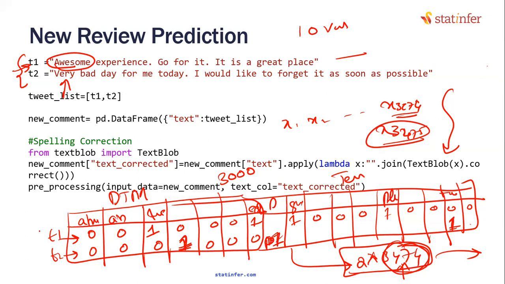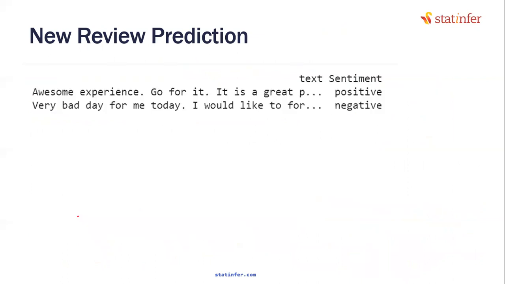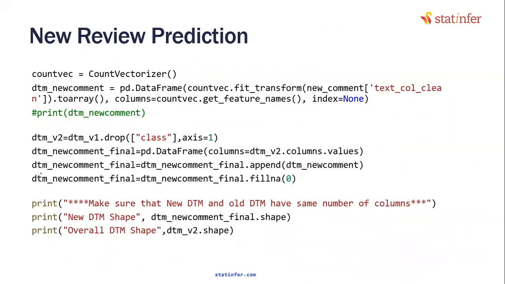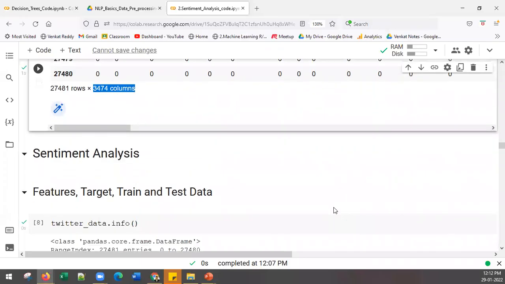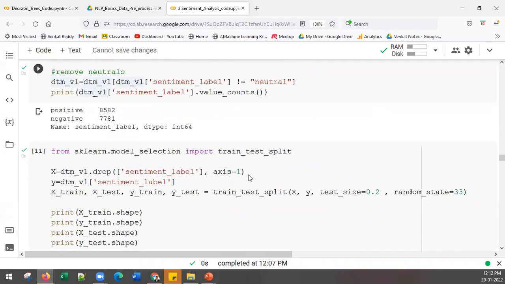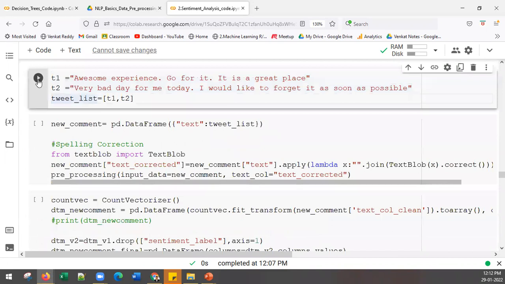Before the prediction, you will prepare this matrix. While preparing this matrix, you will check. Here you can write a simple code: every row will be taken, every word will be taken, and it will match. If it is matching, put one; we don't need to do it manually, the code should pass through it. So build the Naïve Bayes model, and then take these two new tweets.